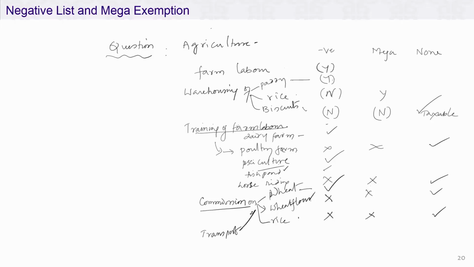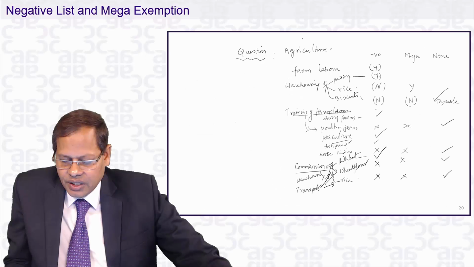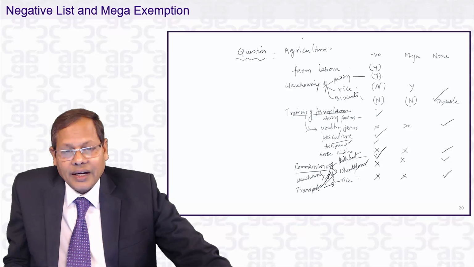So this is taxable. And suppose it is not commission, it is a transport in India of wheat, wheat flour and rice. Then what is your answer? If it is wheat, it is in the negative list. Already packing, repacking. Of course, if it is transport, it is not there. Transport of wheat, no doubt, it is in the mega exemption. And if it is warehousing or storage, yes, storage or warehousing of wheat is in the negative list.